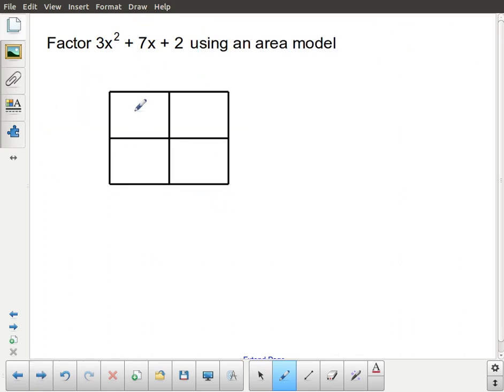Using an area model, 3x squared, positive 2. And so now we go through that same process, which is, okay, so 3x squared. The only ways I can get that is either I could put 3x and x, or I could do x and 3x. So there's really only one way to do this.